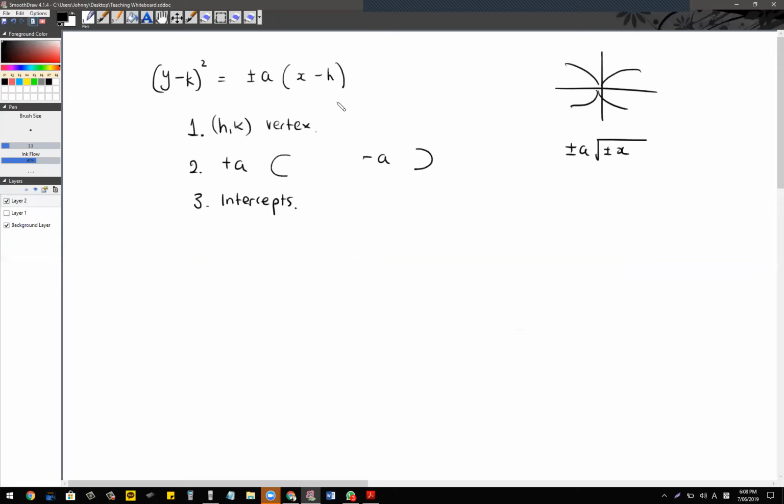Now, as for this one, however, if you have (y minus 1) squared equals, let's say, negative 3(x minus 1). Then obviously you get 1, 1. So 1, 1 is here.